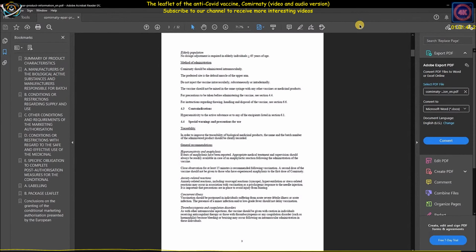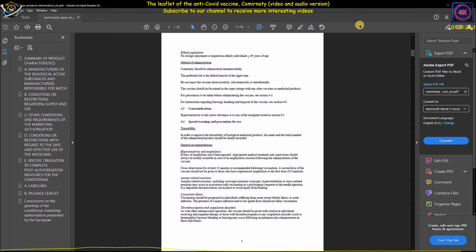General recommendations. Hypersensitivity and anaphylaxis. Events of anaphylaxis have been reported. Appropriate medical treatment and supervision should always be readily available in case of an anaphylactic reaction following the administration of the vaccine. Close observation for at least 15 minutes is recommended following vaccination.